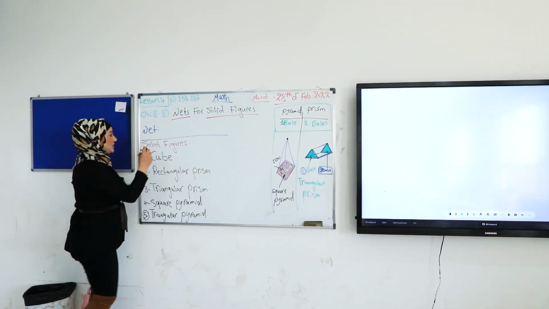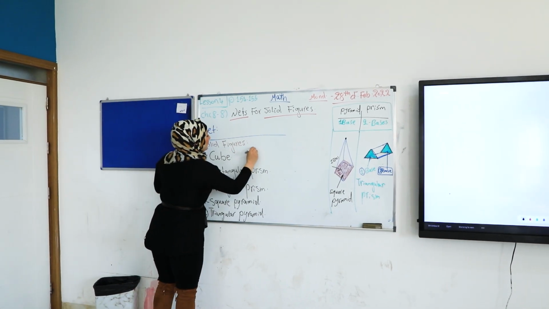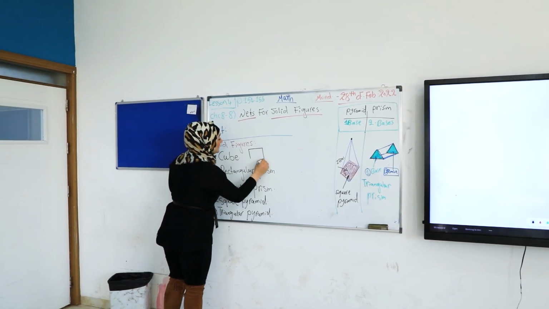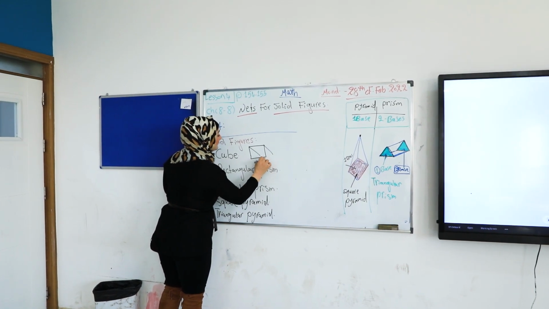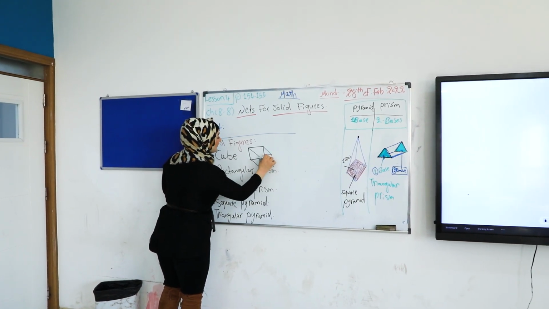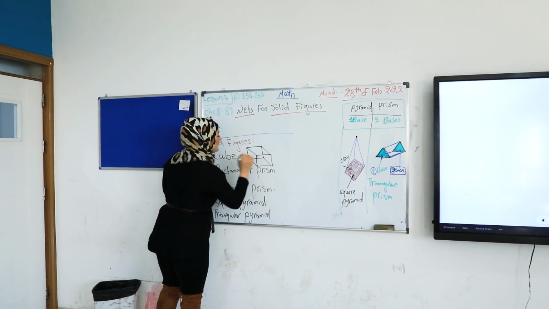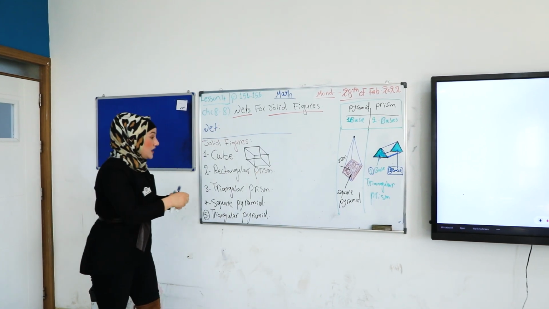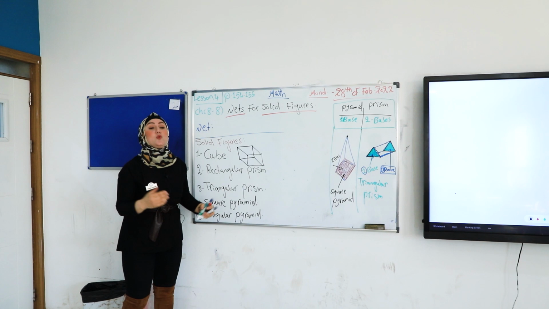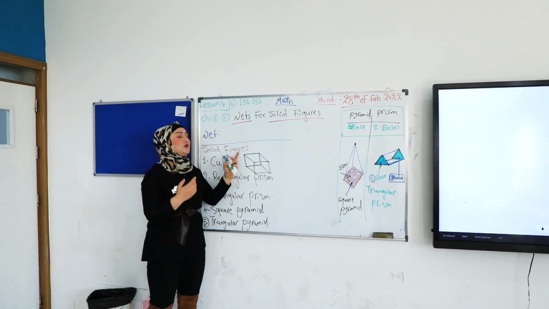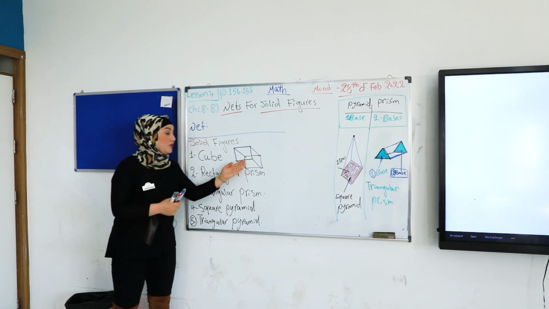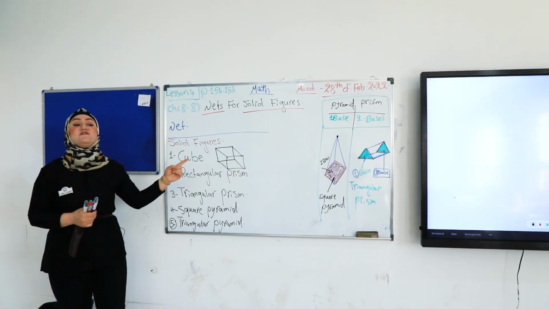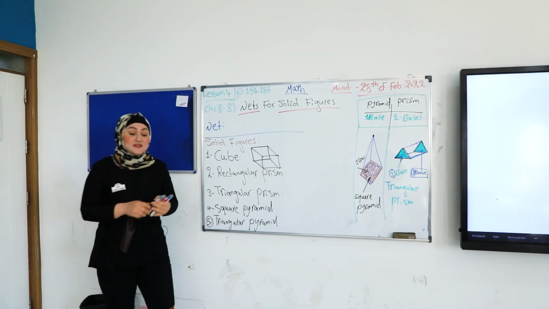Guys, look here. This is a cube, guys. How can I show you the net of this solid figure? Now we'll be able to talk about the net. How can I show you the net of this cube? The net.